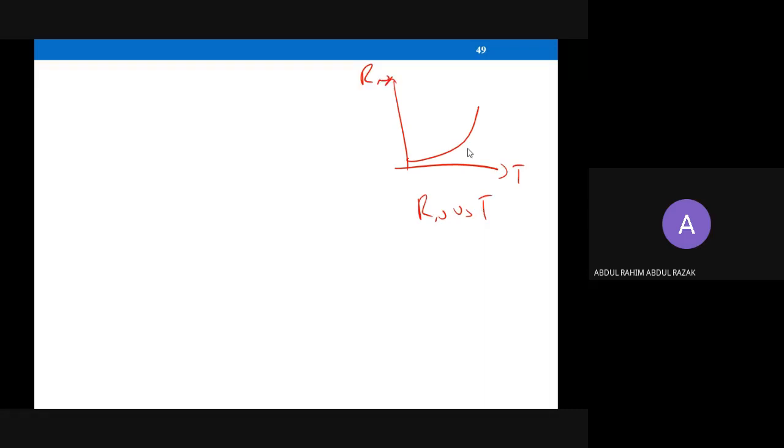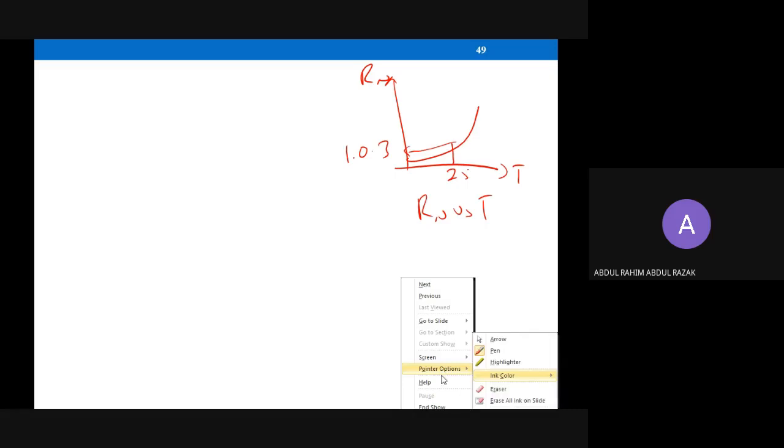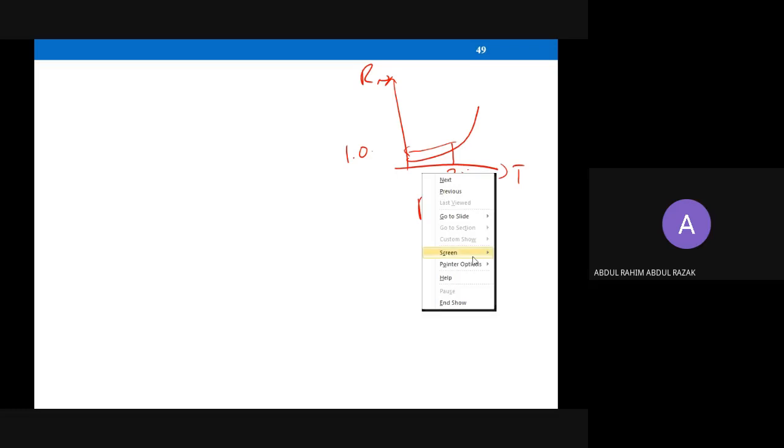A temperature of 25 gives you 1.0 of the value, so 1.0 times 0.3. The 0.3 ohm happens only here, at a temperature of 25 degrees C.